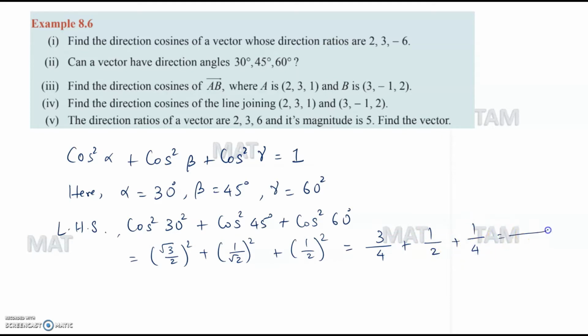If you simplify this, you will get 3 plus 2 plus 1 over 4, which is equal to 6 by 4, and this is not equal to 1.